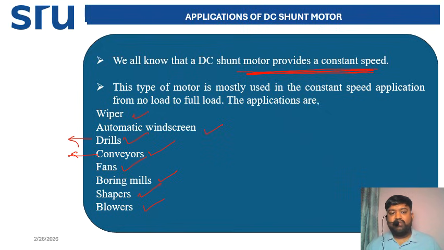Another possibility is that adjustable speed drive is also possible in the case of the DC shunt motor.